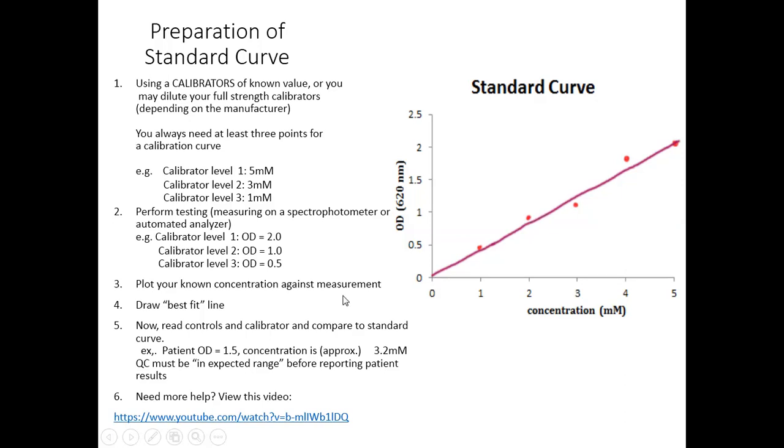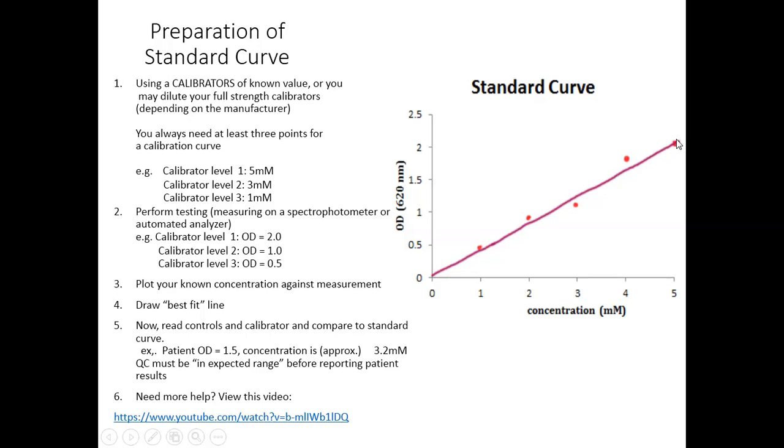We then plot the concentration. So we plotted the concentration against our reading. That was drawing the 2 lines like that and putting the dot where they meet. And then I draw what's called the best fit line. I'm going to draw a line starting here, and I'm going to use a ruler, and I'm going to find out where the best fit is, where for as many points as there are above, there are below.